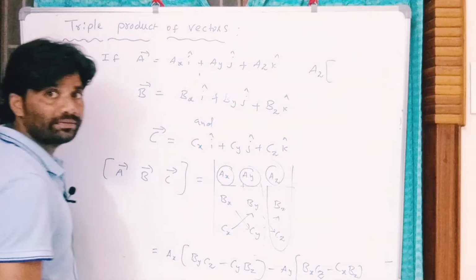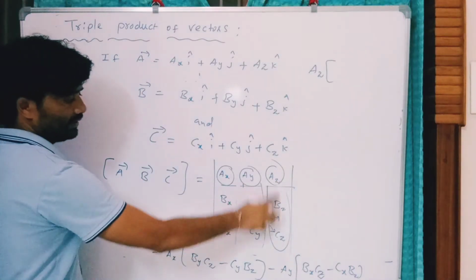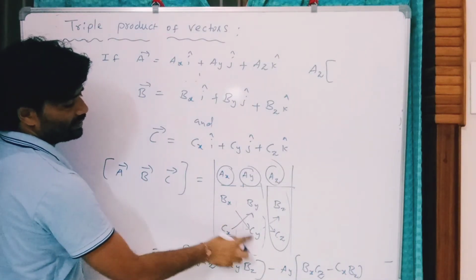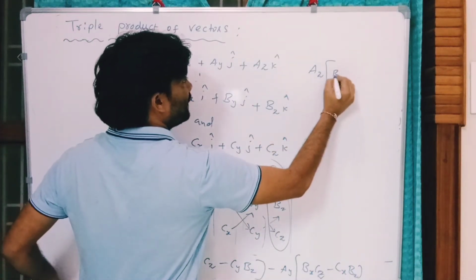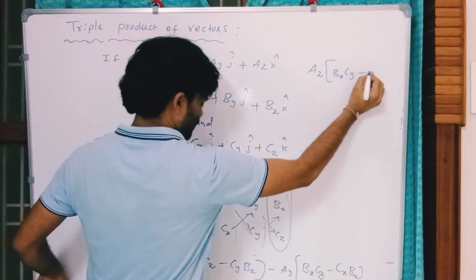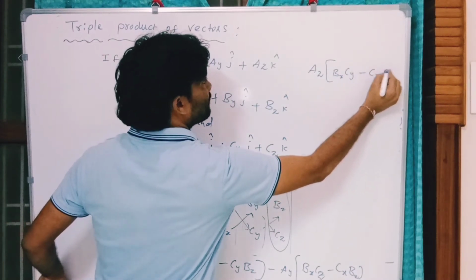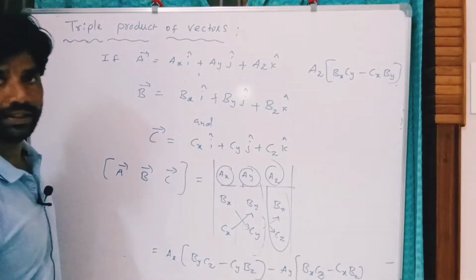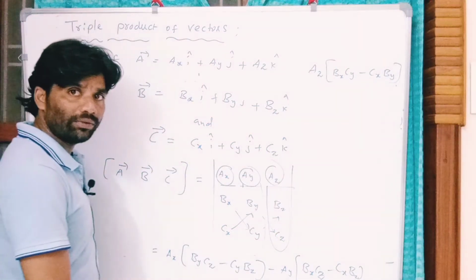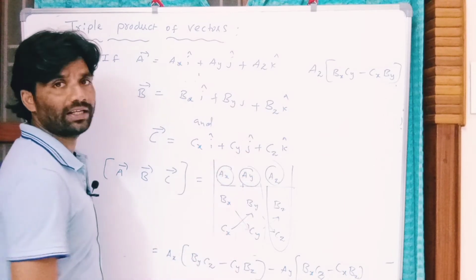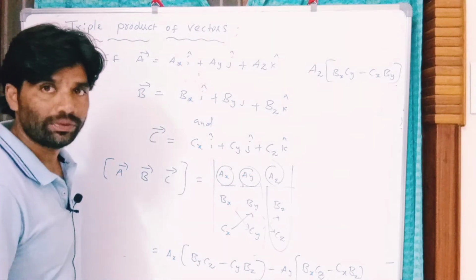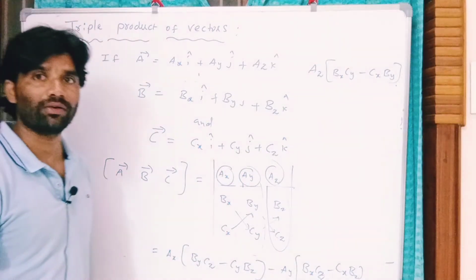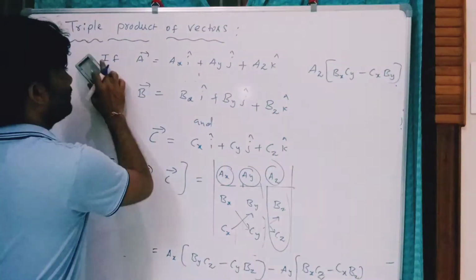AZ corresponding term is what? This into this, that is BX CY minus CX BY. So this gives what? A numerical value or number, it becomes a scalar. So this value gives the volume of the parallelopiped, right?